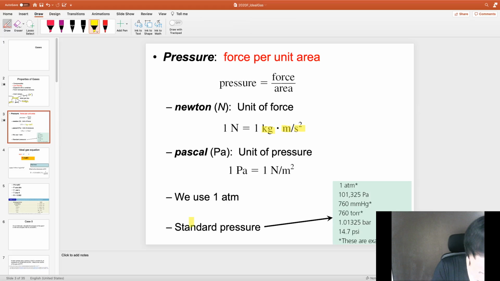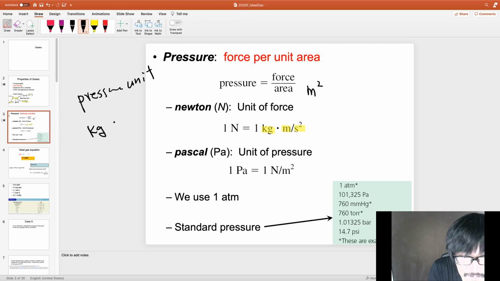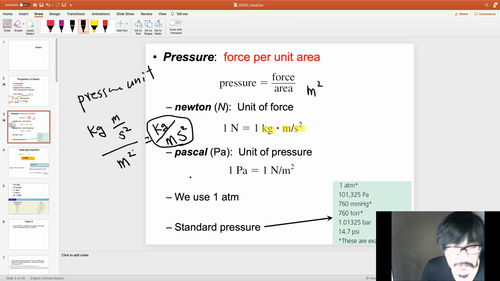If I divide this by the area, which in the standard unit is meter squared, then the pressure unit is kilogram per meter per second squared. That strange unit is the unit of pressure, or you can write it as 1 Newton per meter squared.